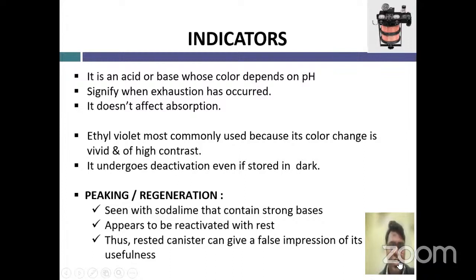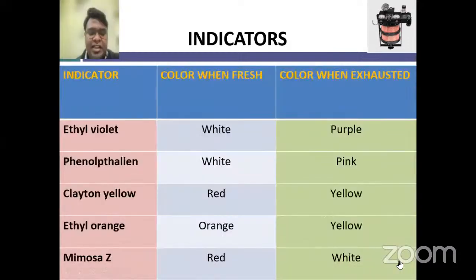Coming to another concept, peaking or regeneration of indicators. It is seen with soda lime that contains strong bases, which appear to get reactivated with rest. Hence, a rested canister gives a false impression of its usefulness. Other indicators include phenolphthalein, Clayton yellow, ethyl orange, and mimosa Z.